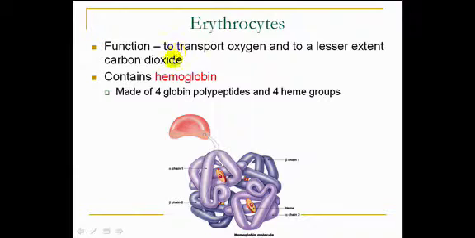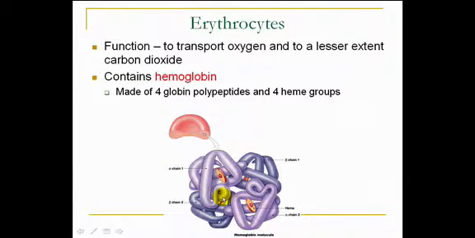We'll talk more about how they transport the oxygen and the carbon dioxide again when we get to your respiratory chapter. And this protein, hemoglobin, is what transports the oxygen and the carbon dioxide. And what it's made out of, one hemoglobin molecule would be made up of 4 proteins, okay, folded into their tertiary structure.